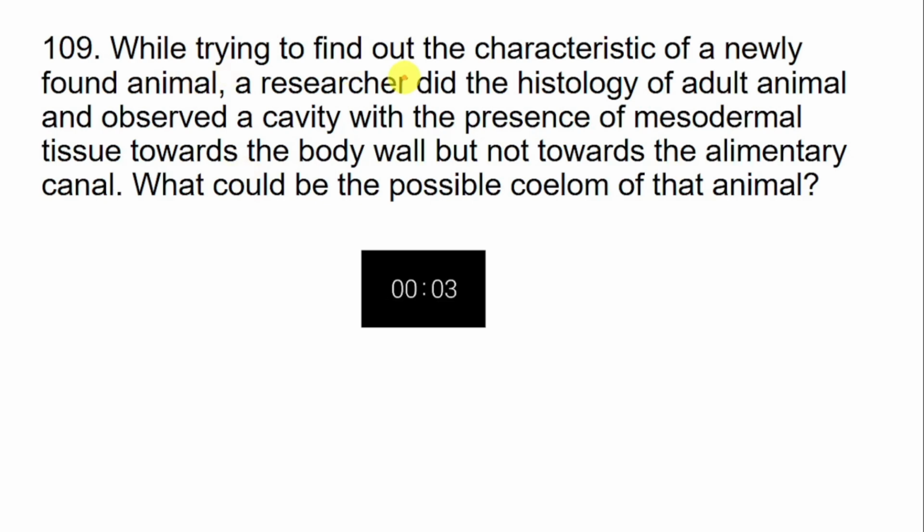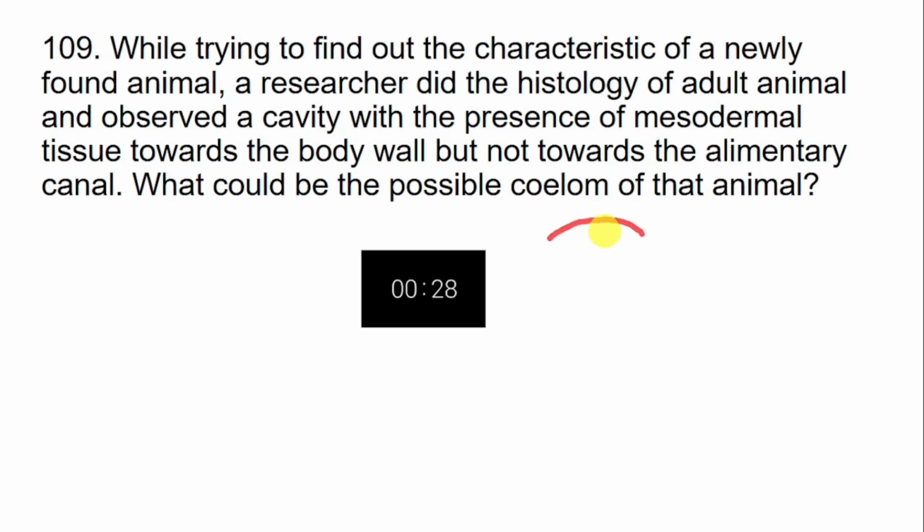While trying to find out the characteristics of a newly found animal, a researcher did the histology of adult animal and observed a cavity with the presence of mesodermal tissue towards the body wall but not towards the alimentary canal. What could be the possible coelom of that animal?